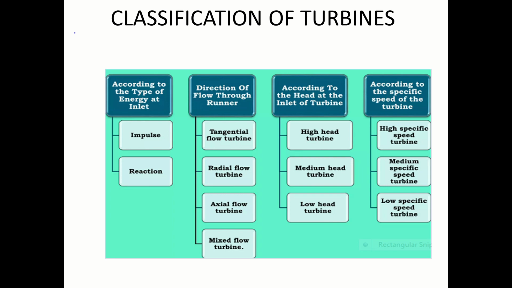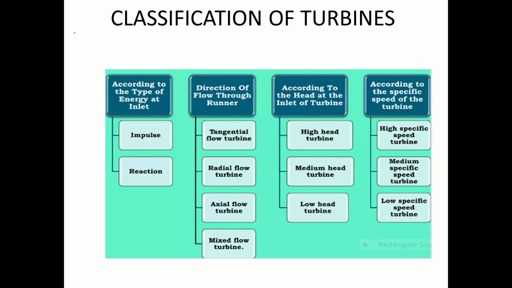Coming to the second type, it is reaction turbine according to the type of energy at inlet. So reaction turbine is the one which has two chambers basically, outer chamber and inner chamber. In some of the turbines, water will be entering from the outer chamber to the inner chamber or from inner chamber to the outer chamber.